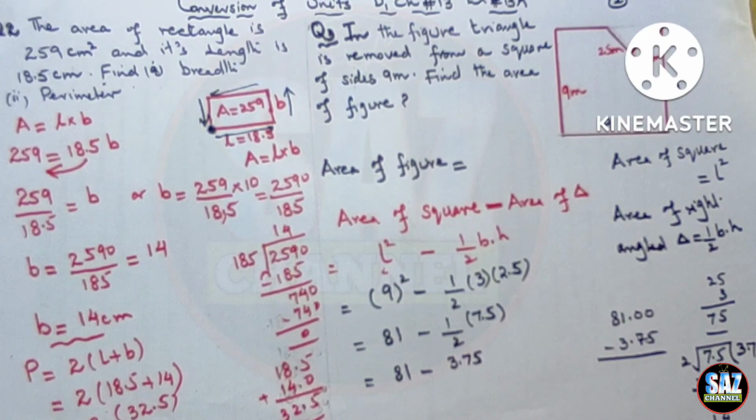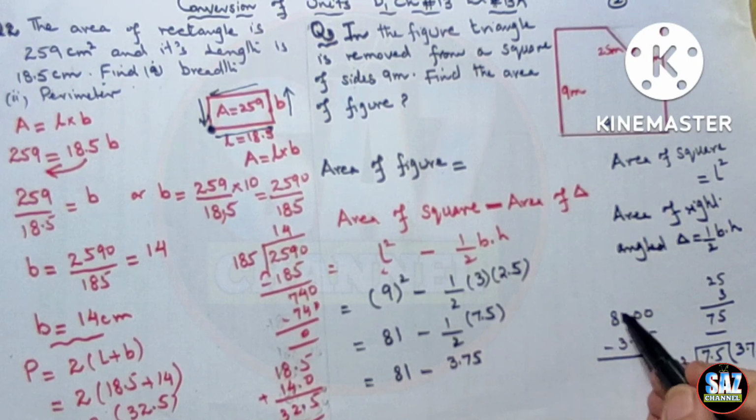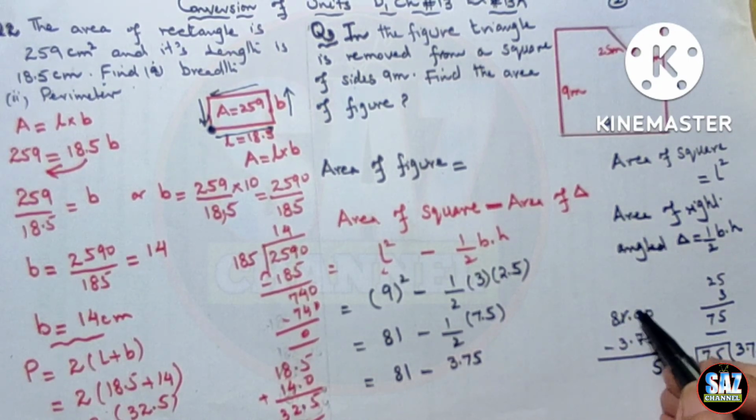So I will be taking 1 from 81, and it will become 10, and then 1 I will be giving to this 0. 10 minus 5 is 5, and I'm left with 9 over here. 9 minus 7 is 2.